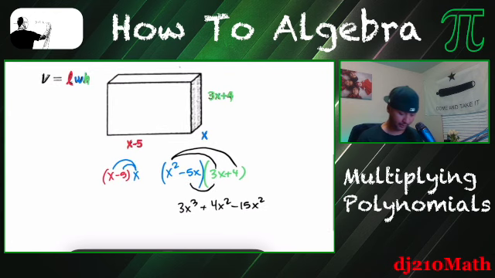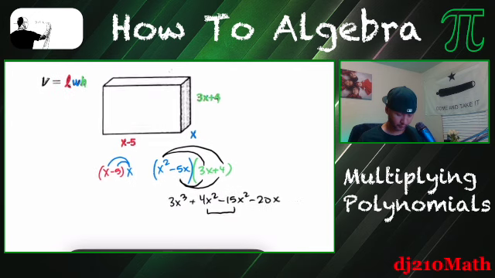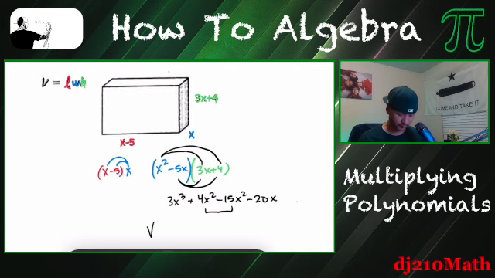And then the last, negative 5 times 4 is negative 20x. All right, now, combining like terms. There's only 2. So the volume is going to be represented by the polynomial 3x cubed minus 11x squared minus 20x.